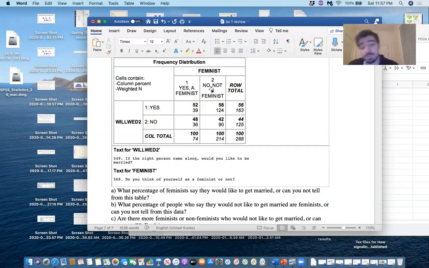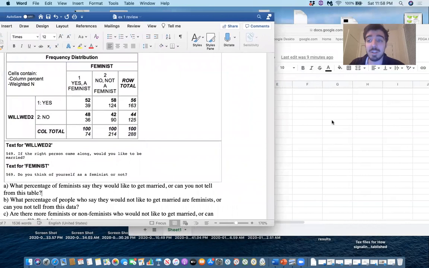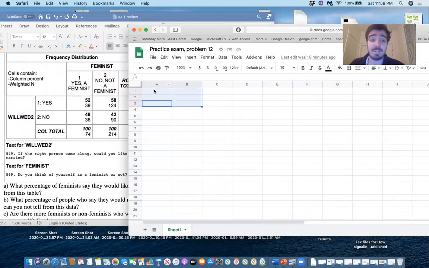Now, normally we would dive right into the questions, but since we have a much smaller two-way table than we usually deal with, I want to take the opportunity to go ahead and construct the tables relevant to this question. There's going to be two of them. We have a feminist pie, and we have a not a feminist pie. Let's make those. So, feminist, not a feminist.